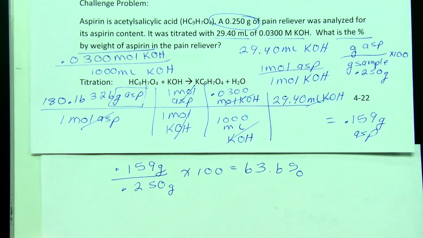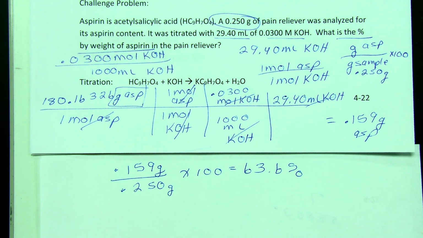63.6%. So this problem seems harder because you're given all this information and numbers and you're asked what is the percent. So you have to think about, where do I go with that? Okay, what does percent mean? Percent means grams divided by grams of sample times 100. So you have to recognize that you don't use that 0.25 to start with.